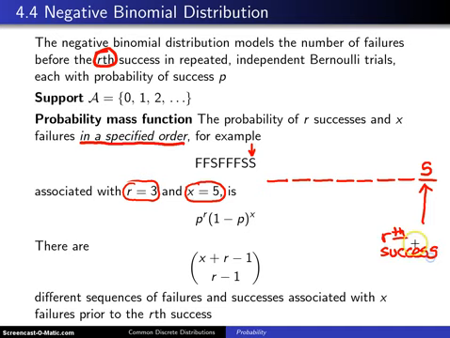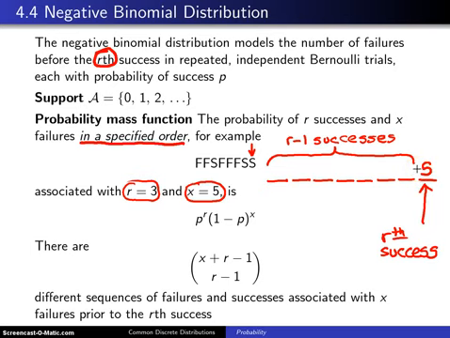Well, if that is the case, what can you tell me about the composition of all of these positions right here? Well, we know that if this is the rth success, then we must have r minus 1 successes back here. Okay, and that corresponds to a total of r successes on all the trials.